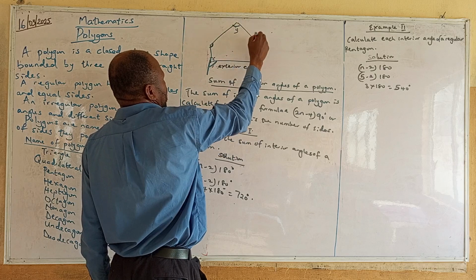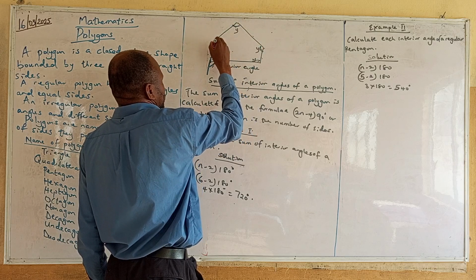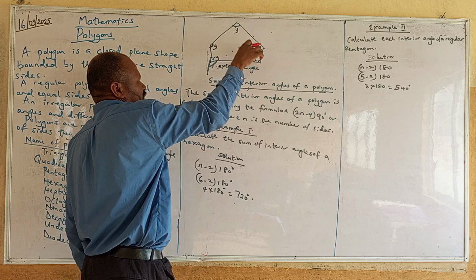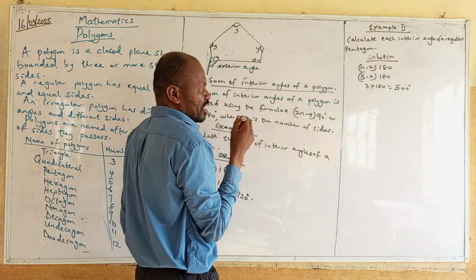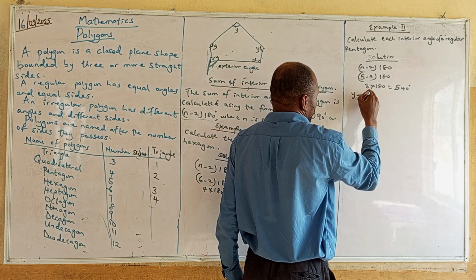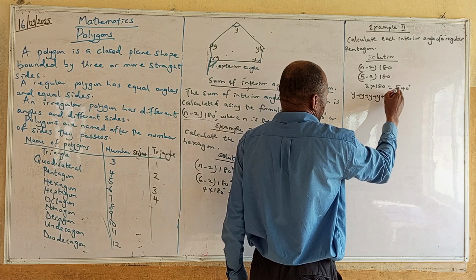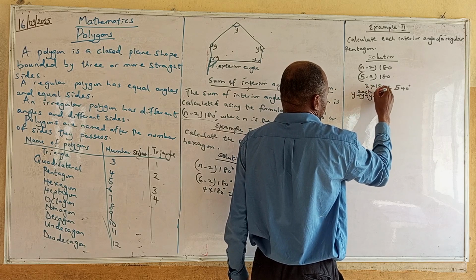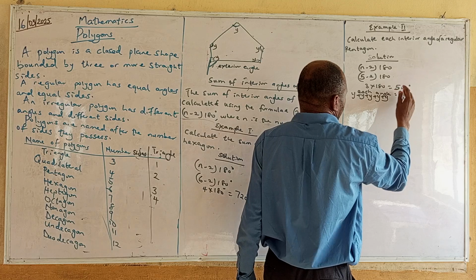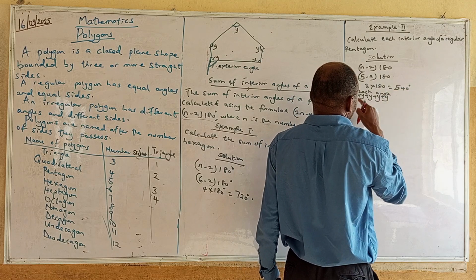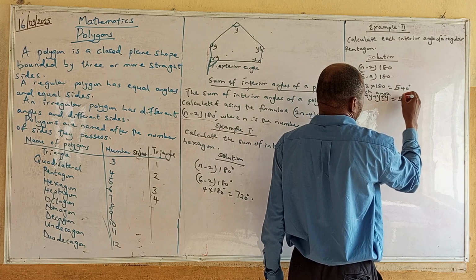Now, if it is a regular pentagon, that means all sides are equal. In that case, I can say y plus y plus y plus y plus y for each angle, 1, 2, 3, 4, 5, equals 540.